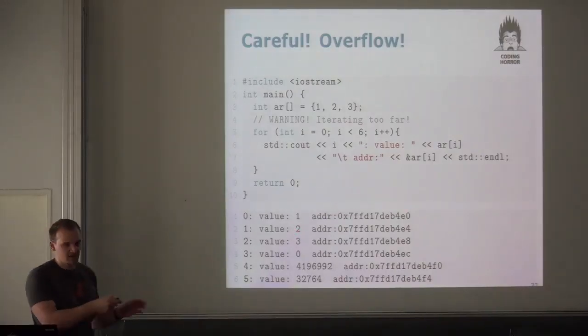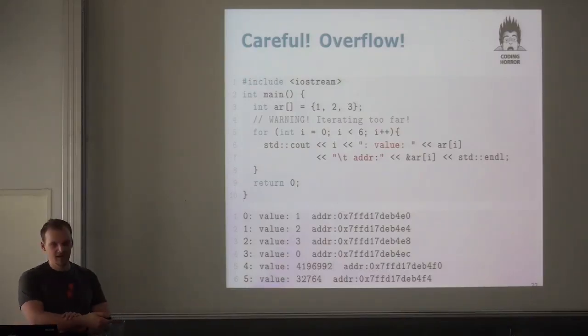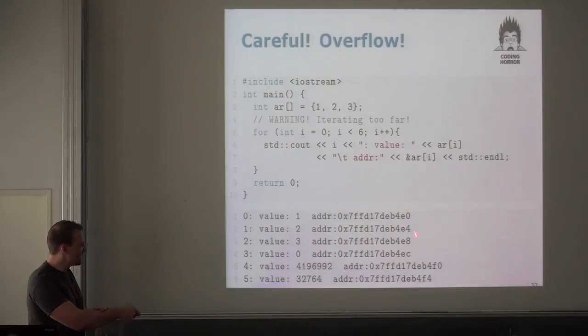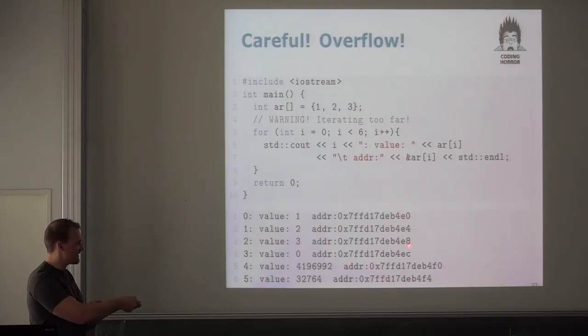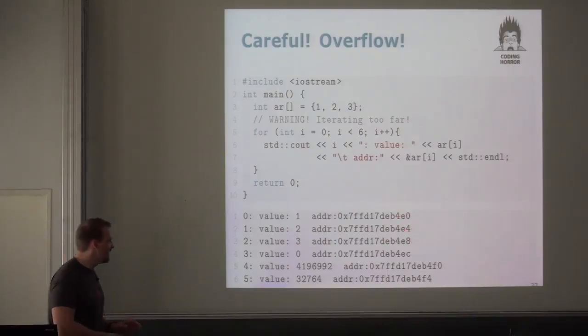You probably don't yet know how to read these base 16 numbers, but you can see that the address of this ends with 0, this one in 4, because an integer is 4 bytes. So the address is 4 bytes further than this address, and this one is 4 bytes further than this address, and so on.